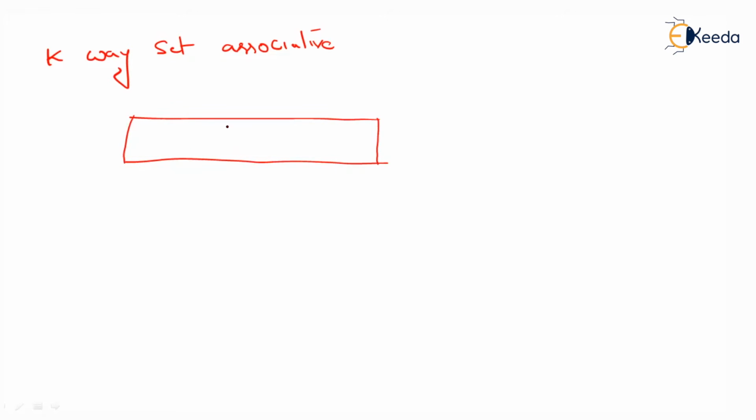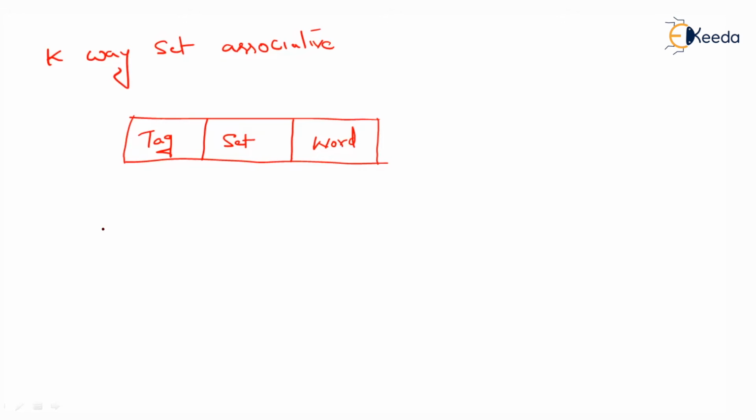The physical address will have three parts. One is the tag portion, and the next one is the set portion. It will give you the set number. The total number of bits will give you the total number of sets in a k-way set associative cache. And finally, we do have the word portion. This can also be called a block offset, that is the block size.